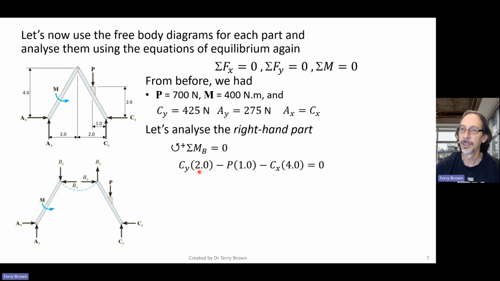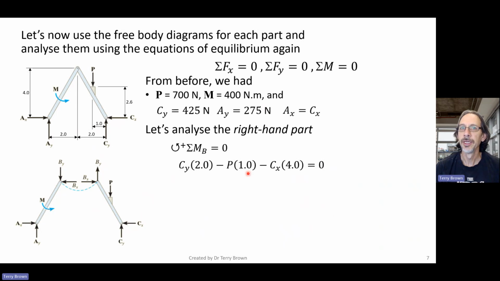Right, so there's that. P, perpendicular distance to point B is 1, tending to rotate clockwise around point B. Okay, so pushing down here, tending to rotate clockwise. So that's negative. And Cx, pushing down here, also tending to rotate clockwise.